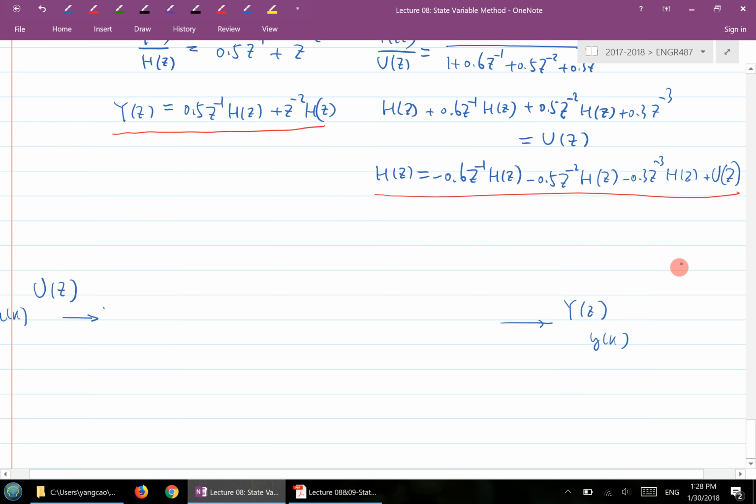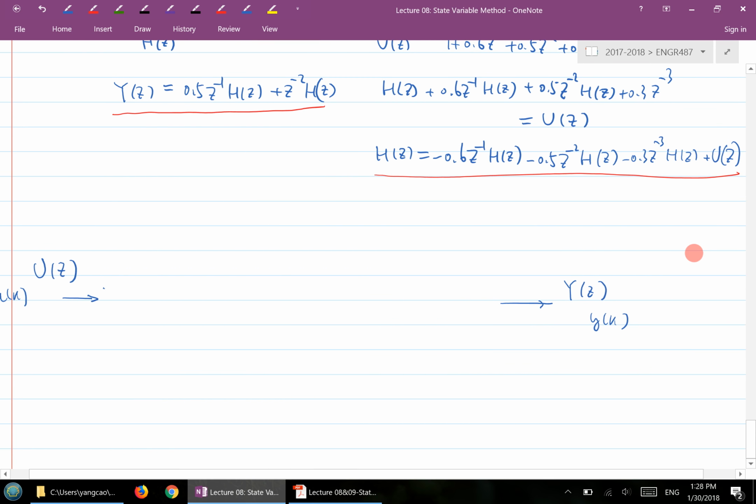Okay, so let's say we have a hypothetical value h of z somewhere here. This is your signal h of z here, right? So the first step is this h of z. In order to multiply this 0.6, we had to let it pass through what?